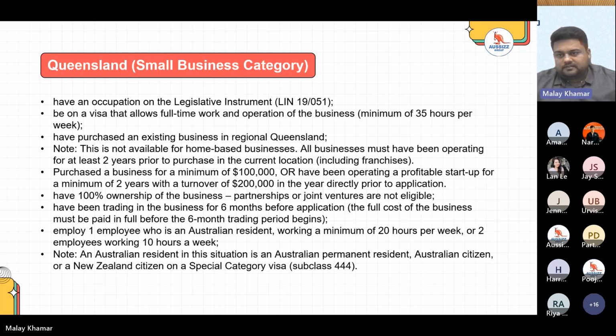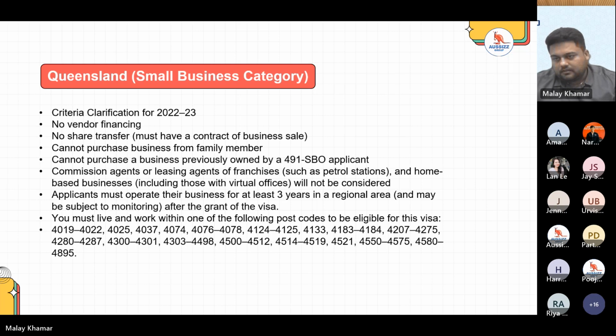Moving forward to the next slide, that's where we are coming up: no vendor financing for the small business owner stream, and no share transfer, so you must have a contract of business sale. An existing employee cannot transfer the shareholding to your name.